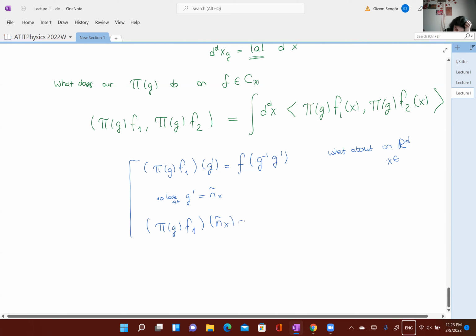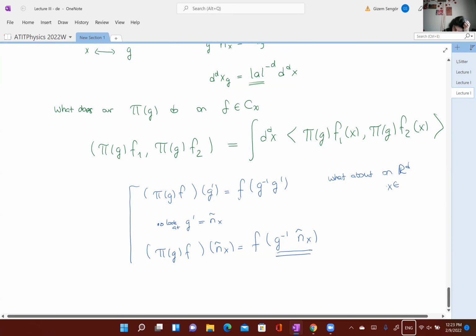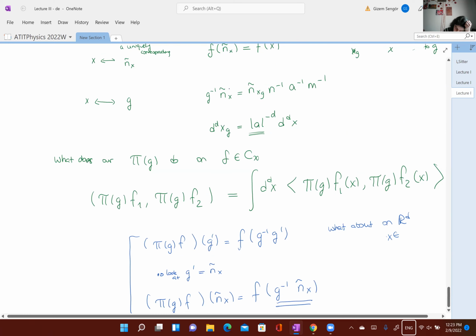And x, this will be just some f. This will be g inverse until the x, but we also know what this is. Remember this? Star.